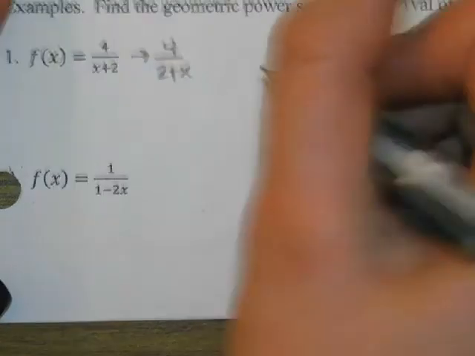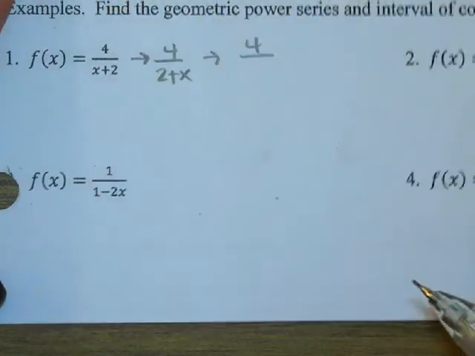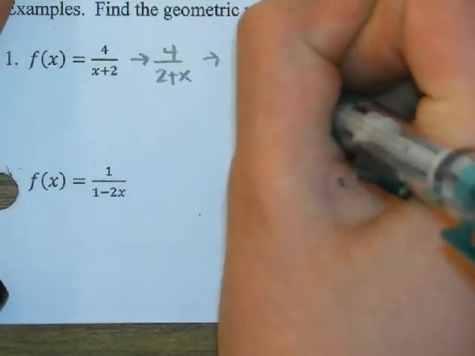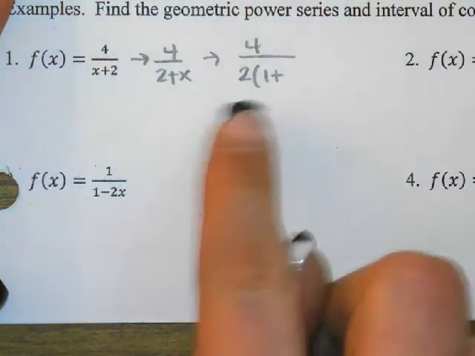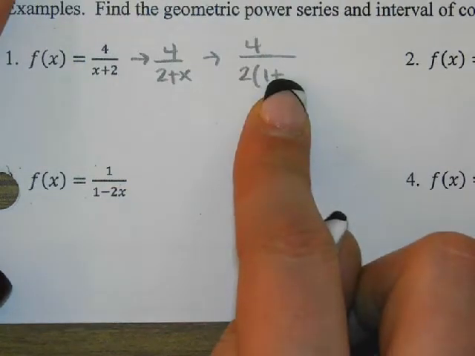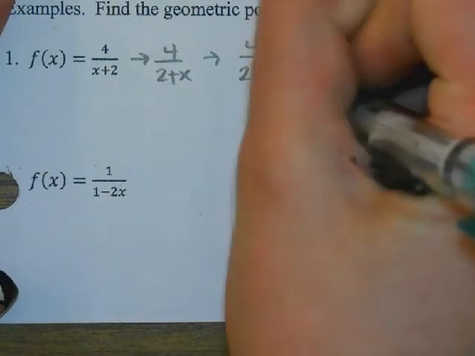And then I know the bottom has to be 1 minus r, so I'm going to pull out the 2. If I pull out the 2, the second term wouldn't be an x anymore. What would it be? It'd be 1/2, right? If you take an x and divide it by 2, you get x over 2.